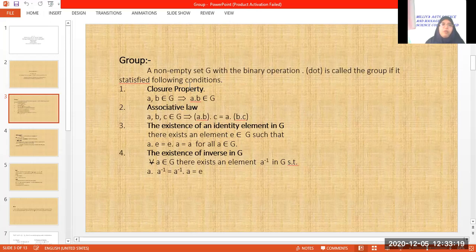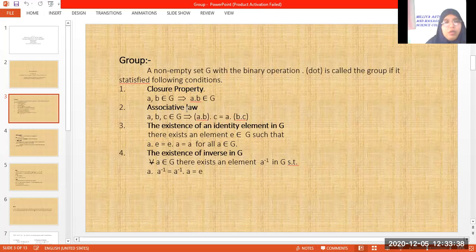First, closure property. Closure property means if A, B belong to G, meaning there exist two elements in the set G, then the binary operation of A and B, that is A dot B, is also in G.